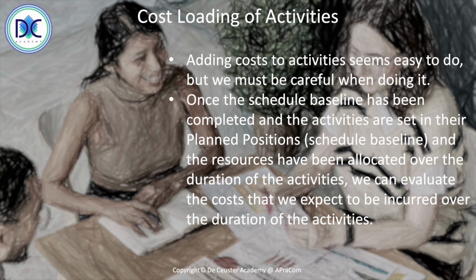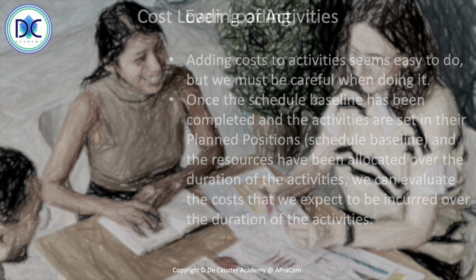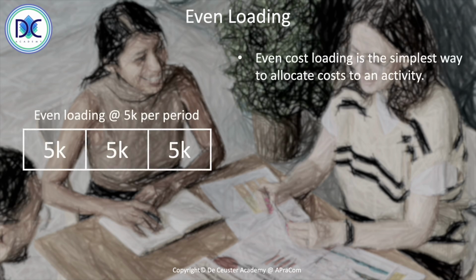So it can change. And of course, this has a financial impact on the activity. For every period that the activity takes, we may have a different amount of money that is spent depending on the resource assignments.